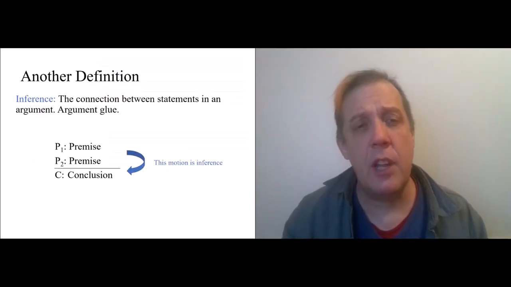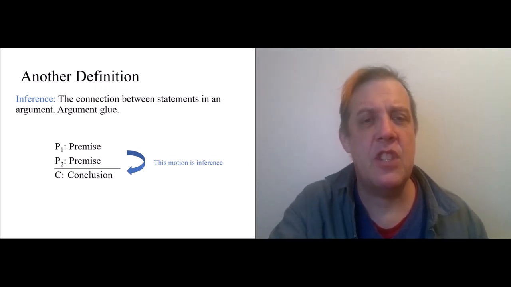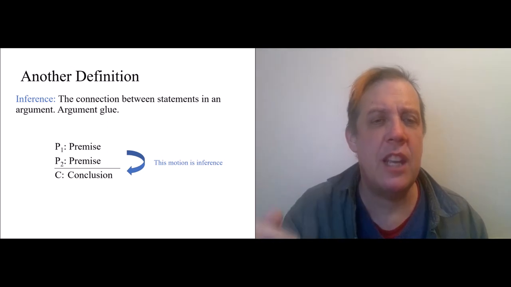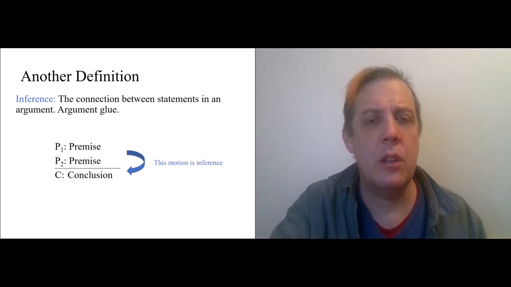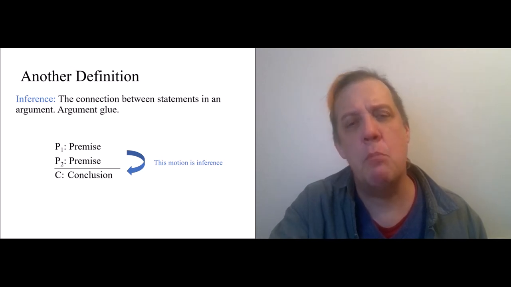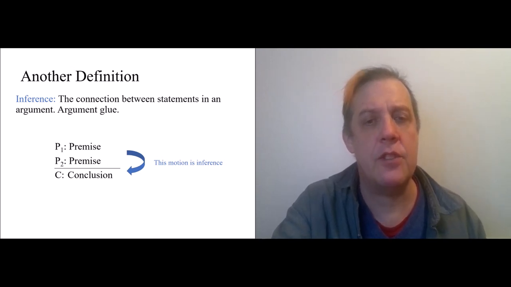All right, remember this slide from a video last week? We defined an inference as the connection between statements in an argument. So when you move from the premises to the conclusion of an argument, you are making an inference, right? The connection between premises and conclusions is the inference.